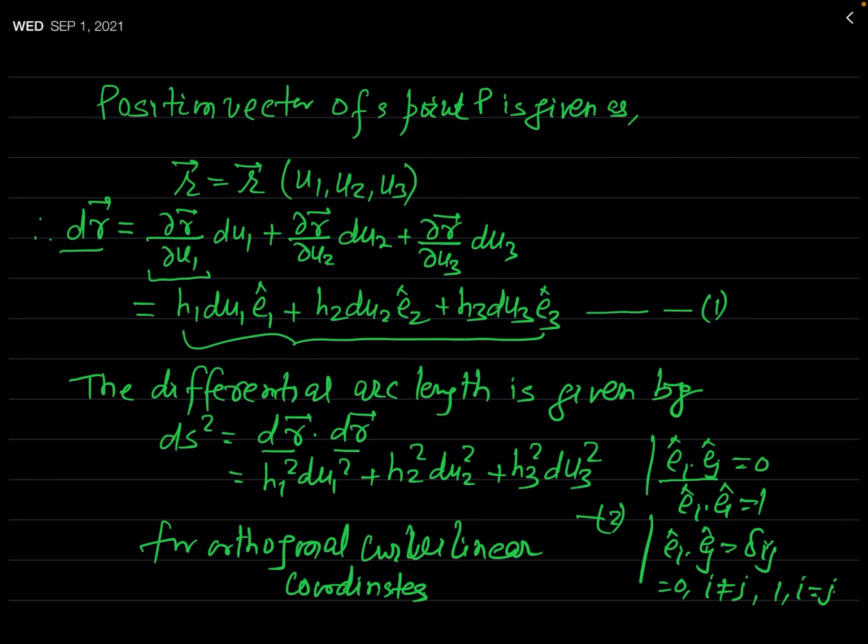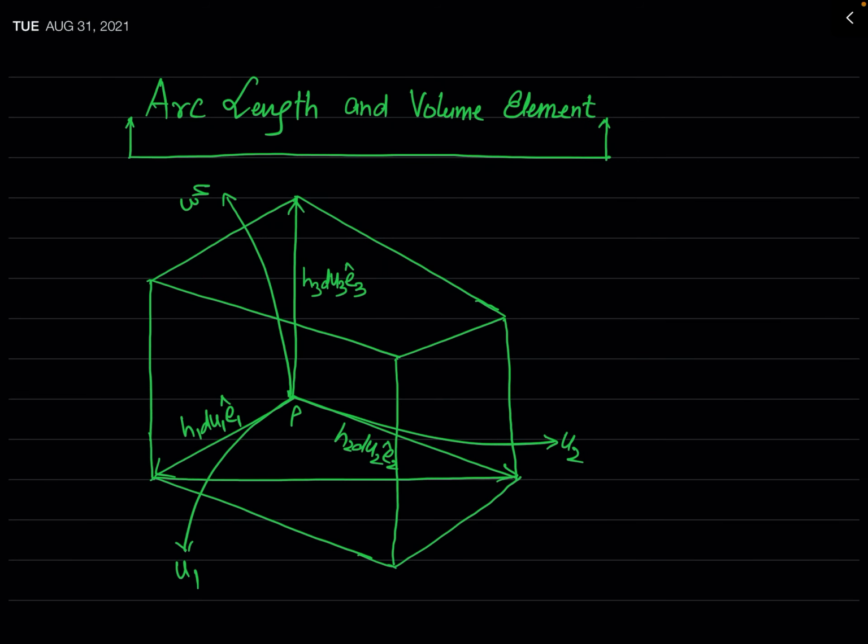Now you can see this figure. In fact, in this figure we have considered a volume element, and we have shown in this figure the vectors h1 du1 e1 hat, h2 du2 e2 hat, and h3 du3 e3 hat.